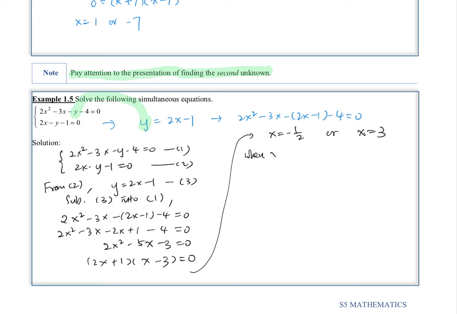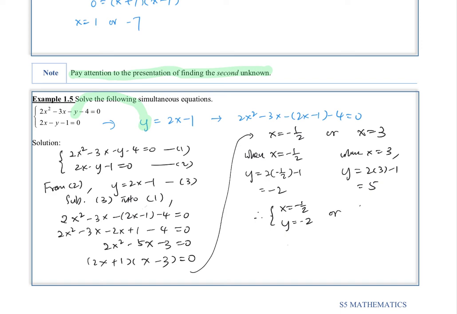And then we are going to find the second variable. Finally, we are going to express the answer clearly, the first set of answer and the second set of answer.